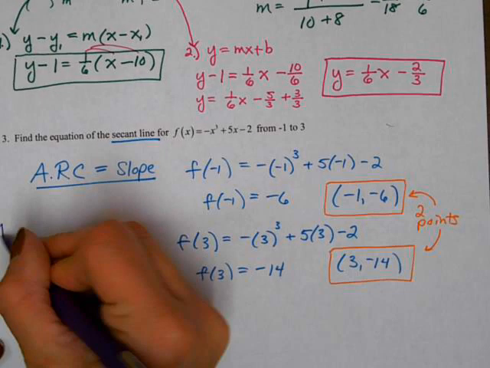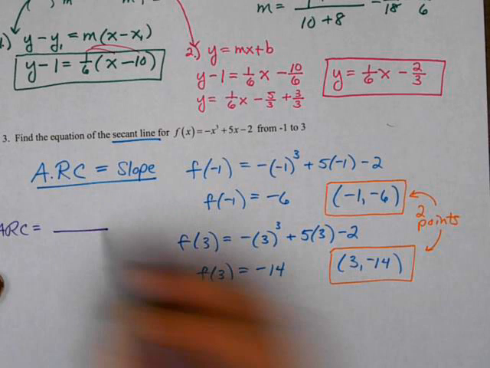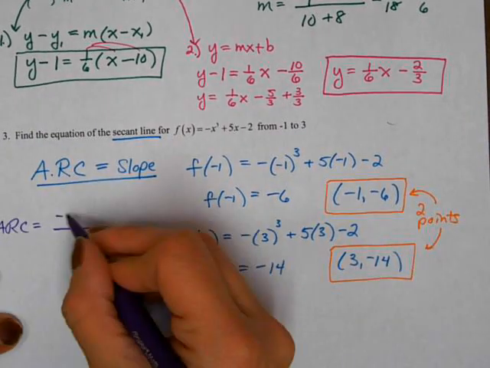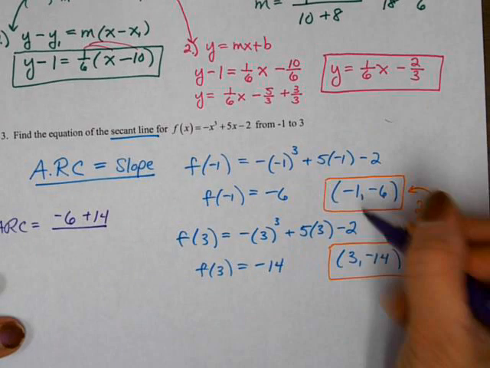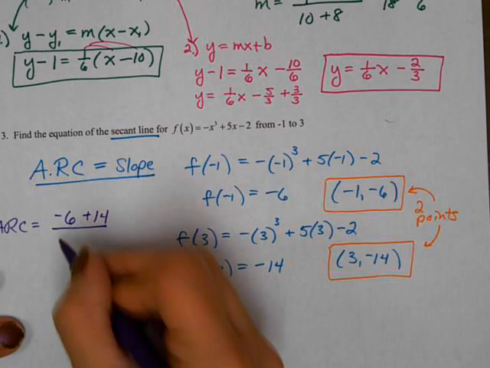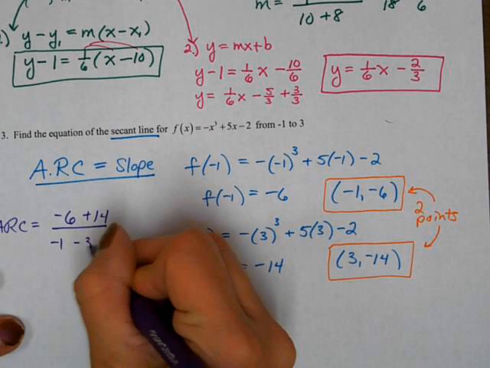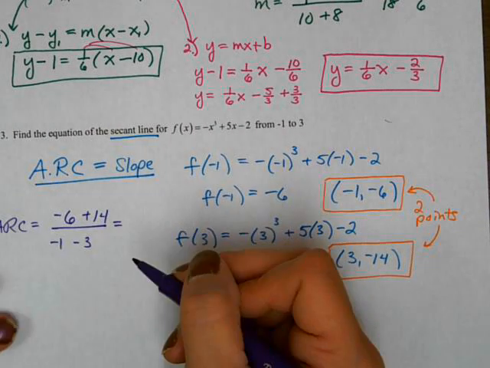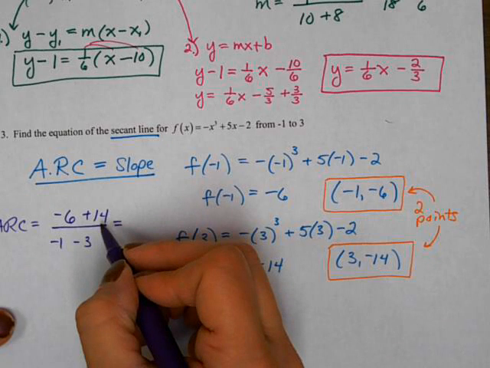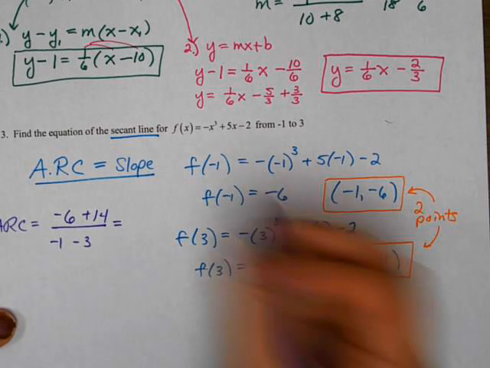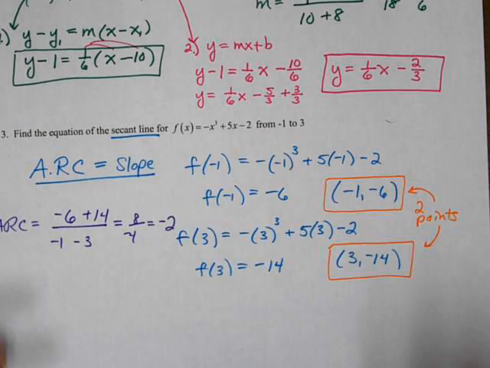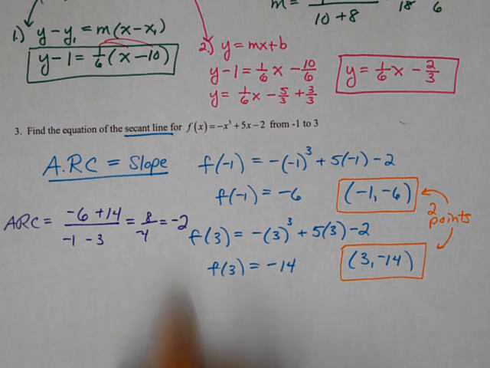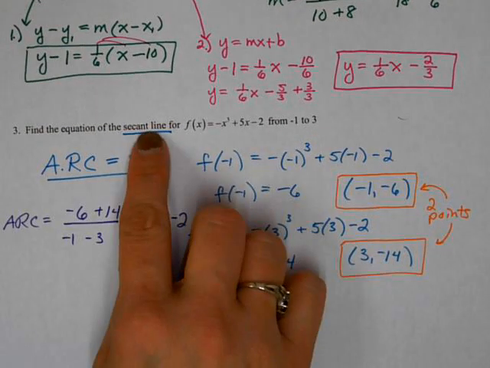So the average rate of change, or the slope, is y minus y, -6 minus -14 over x minus x, -1 minus 3, and the average rate of change is 8 divided by -4, which makes -2. So I've found the slope. But that is not the secant line.